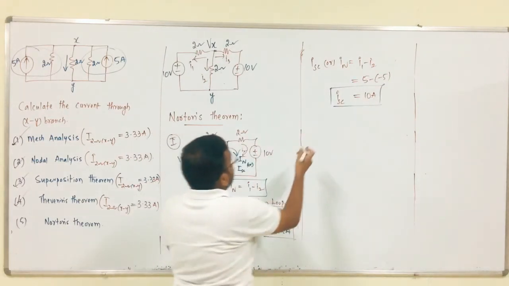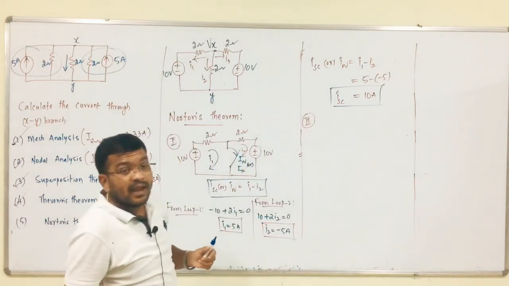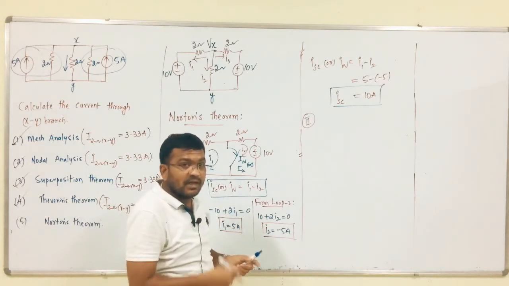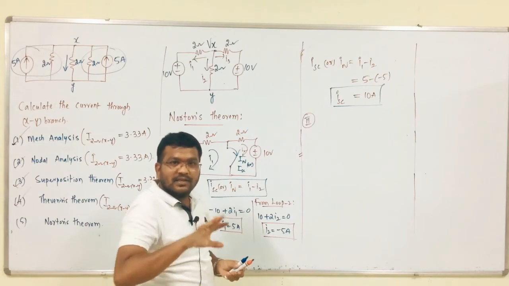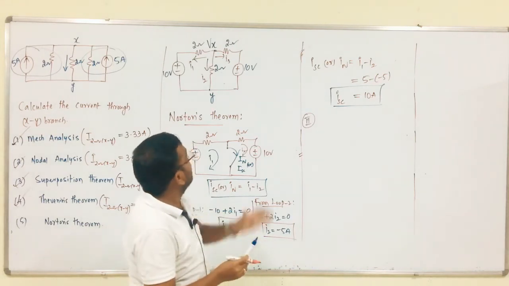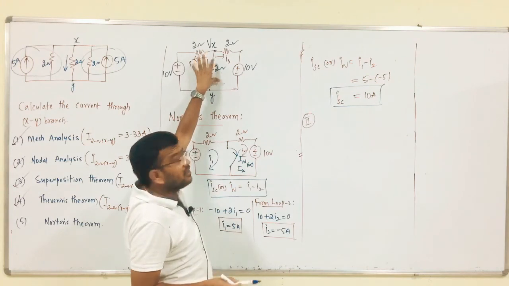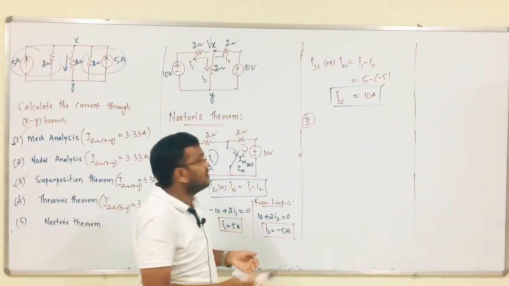Next, step 2. In Thevenin's theorem, what is the value of RTH? 1 ohm. In case of Norton's theorem, the value of RN should be equal to 1 ohm, because we have to calculate the resistance between these two terminals by replacing these voltage sources with their internal resistances.